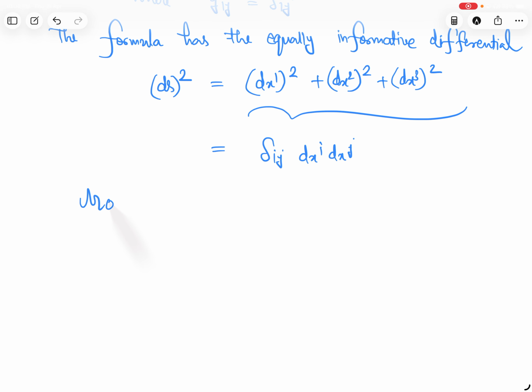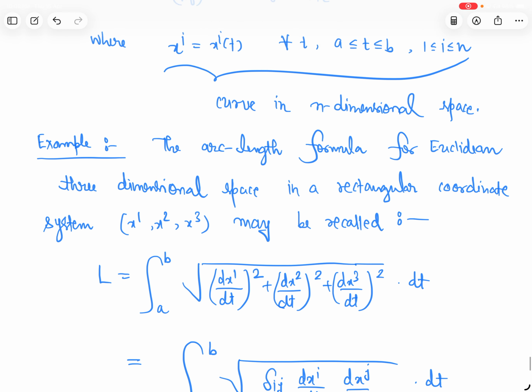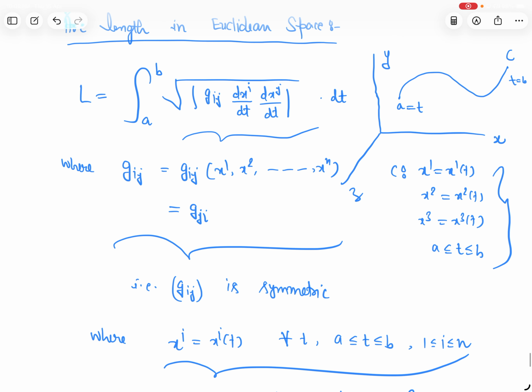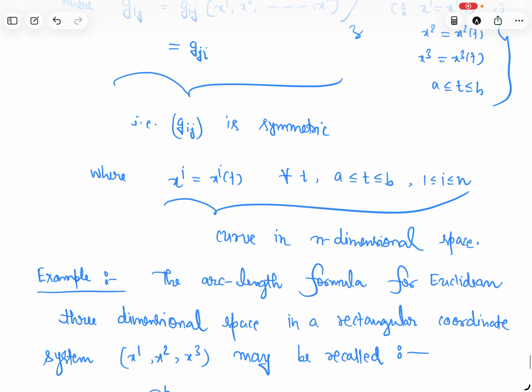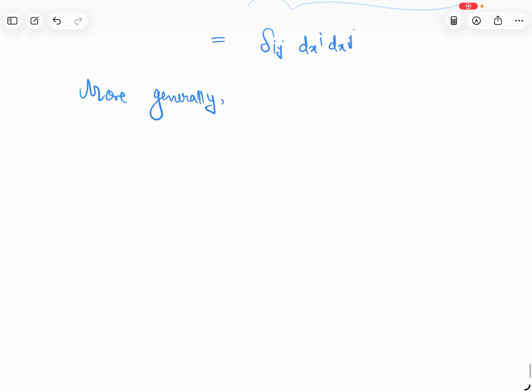More generally, I am calling the first one star. More generally, star is equivalent to ds square equals gij dxi dxj.